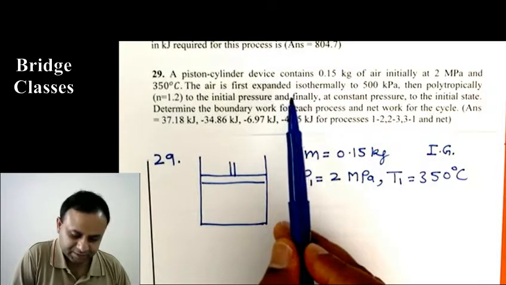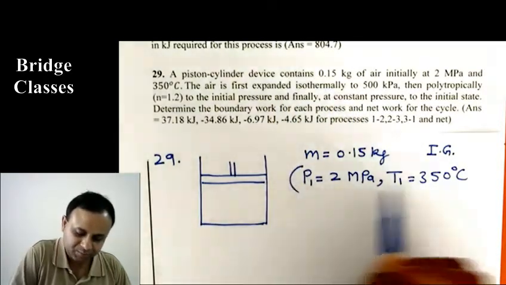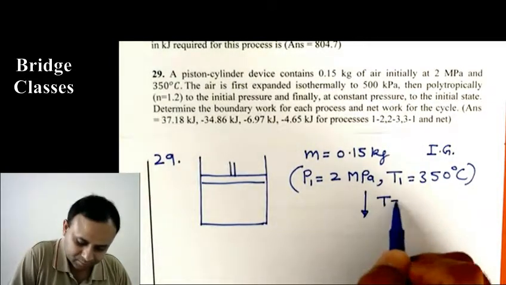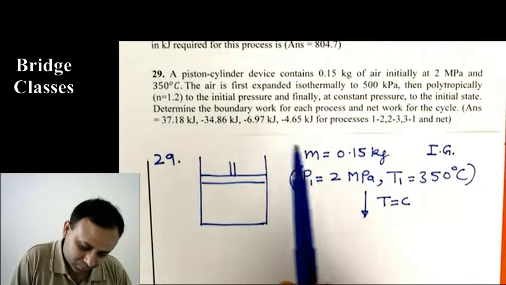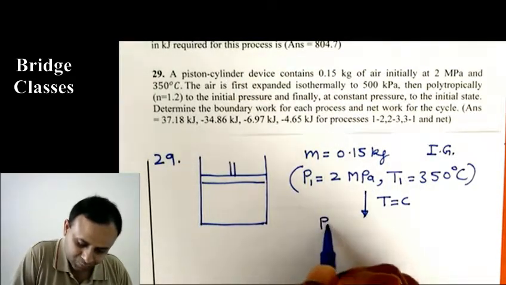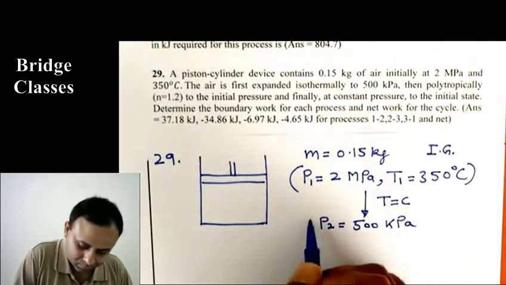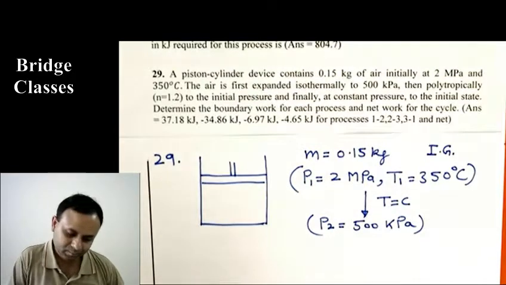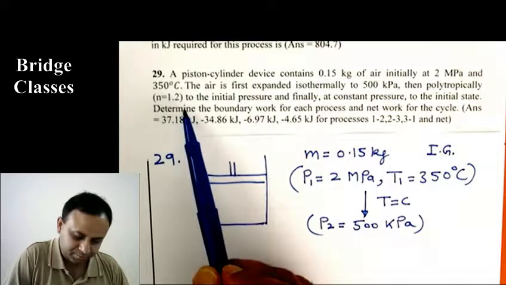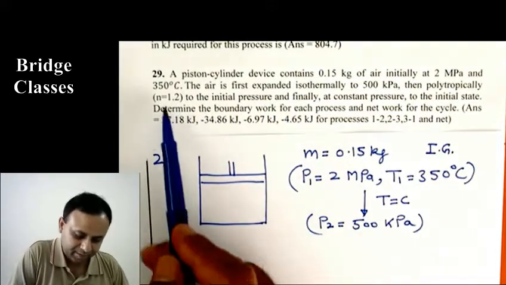The air is first expanded isothermally to 500 kilopascal. So the first process is it goes from this state at constant temperature to 500 kilopascal. So P2 is 500. Then polytropically to the initial pressure, and n is 1.2.